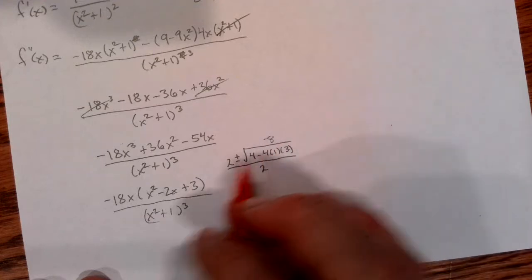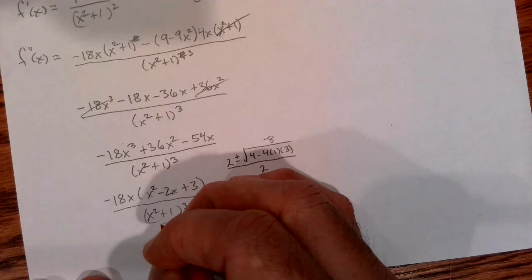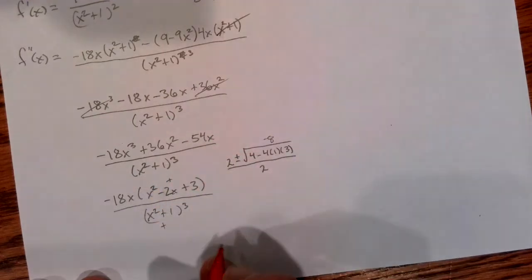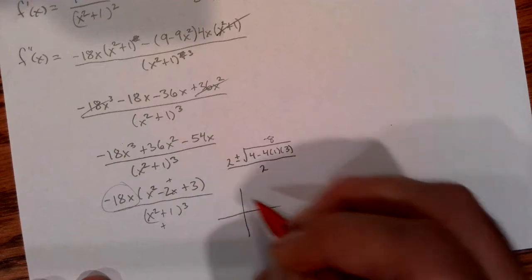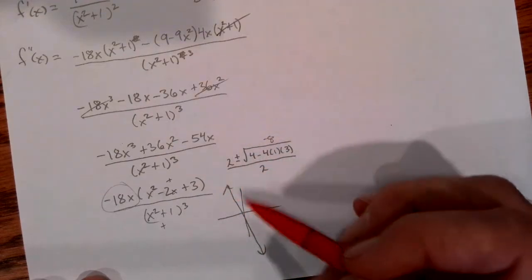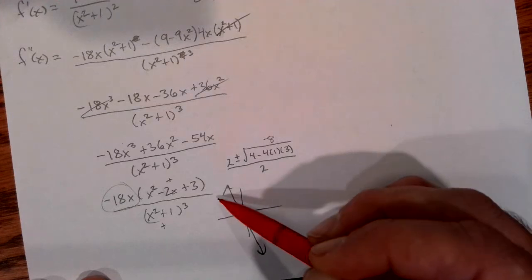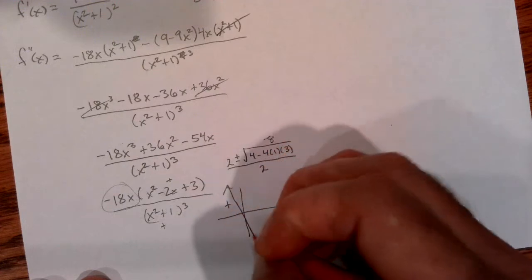So there are no real solutions here, so this never crosses the x-axis. This thing's always positive and this thing's always positive. So the only thing we have to be concerned about is this negative 18x. And I know what negative 18x looks like. It's a line that goes through 0. It starts positive, it drops to negative. It's positive here, it's negative here.